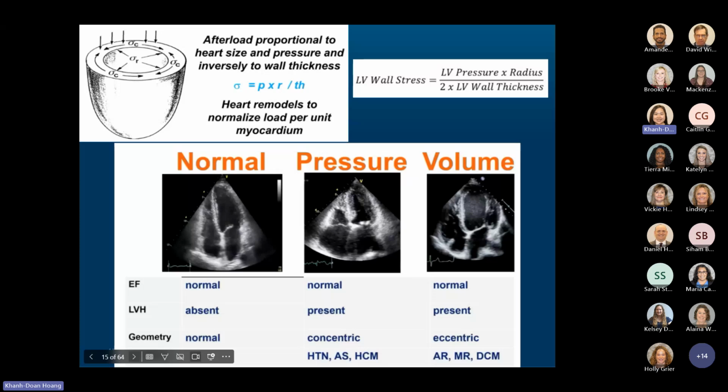So some examples of pressure overload would be hypertension, aortic stenosis, hypertrophic cardiomyopathy, and some examples of volume overload that would increase your heart size would be significant aortic regurgitation or mitral regurgitation.